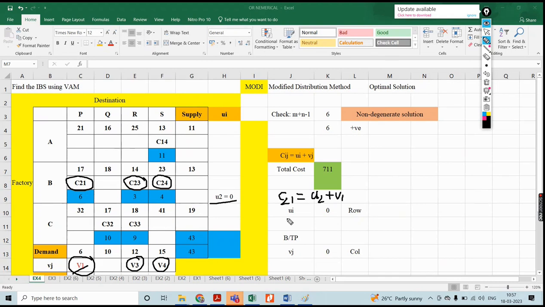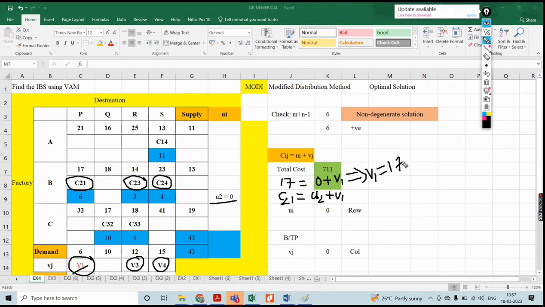Okay, next, what is the C21 value? C21 value is 17. What is U2 value? U2 value is 0, plus V1 we don't know. V1 is the unknown value. Can I get this V1 value? V1 equal to 17.